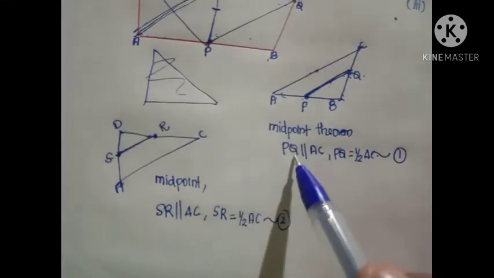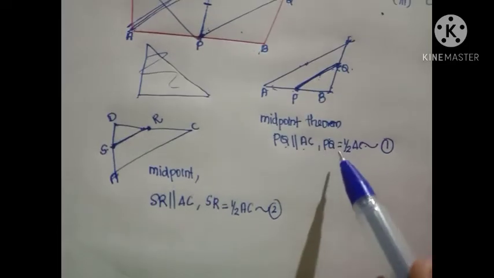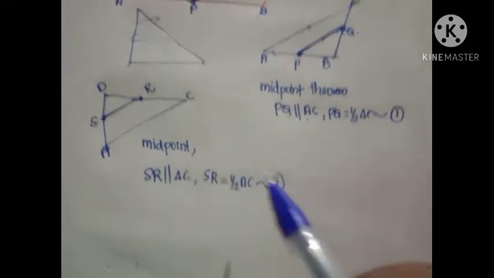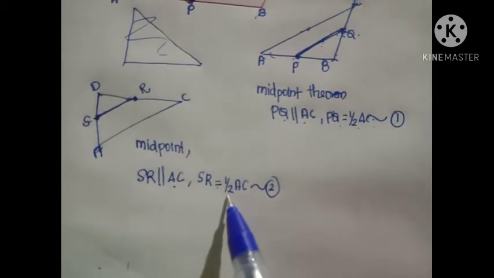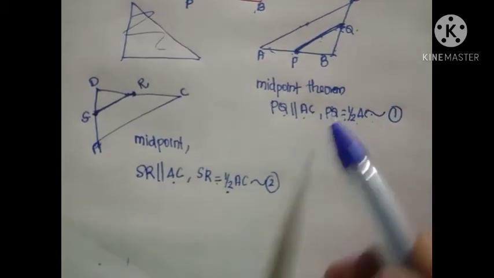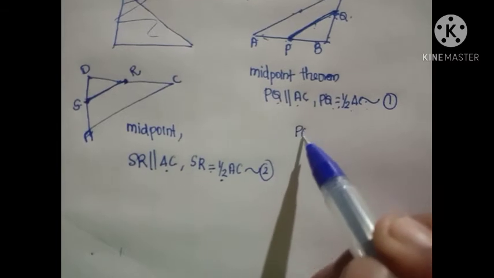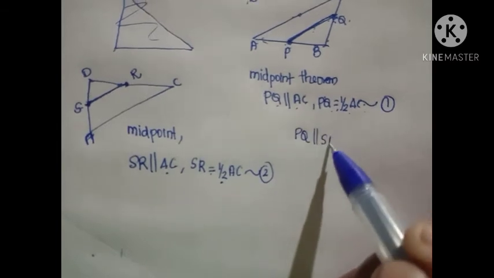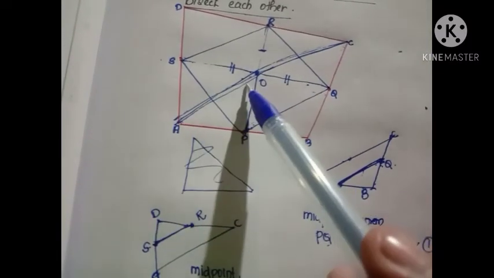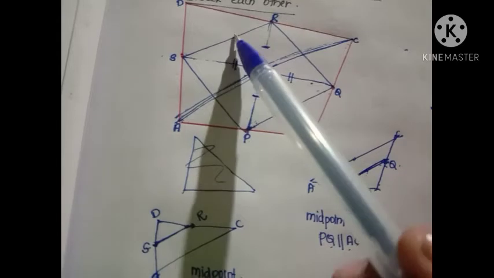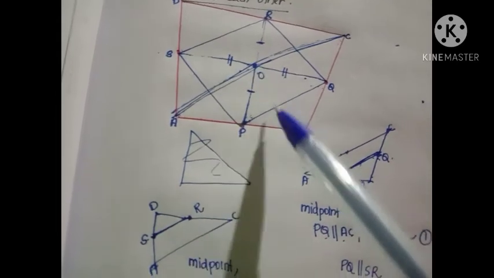So listen, PQ is parallel to AC. PQ is equal to half of AC. SR is parallel to AC. SR is equal to half of AC. From these two we can say that PQ is parallel to SR, because PQ is parallel to AC and SR is parallel to AC. That means these three lines are parallel lines.